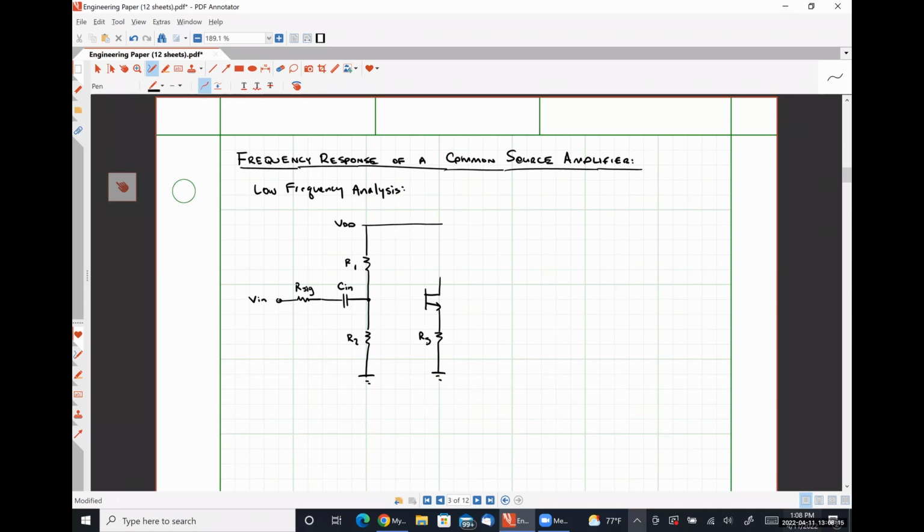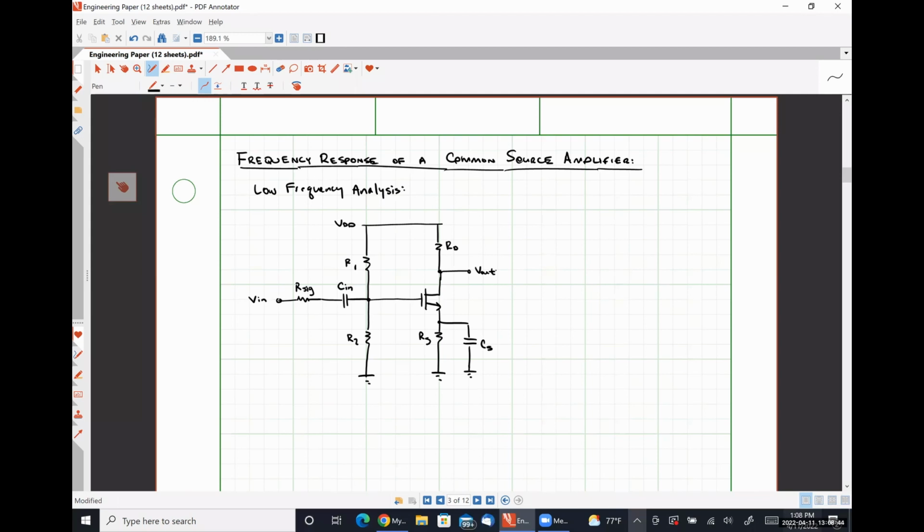Here is RS. Here's CS. Here's RD. And here's V out.